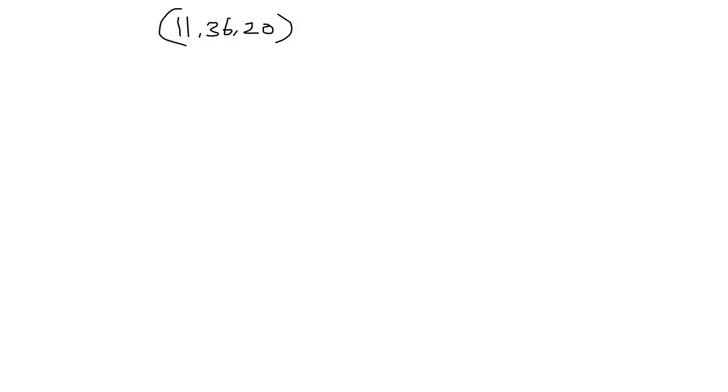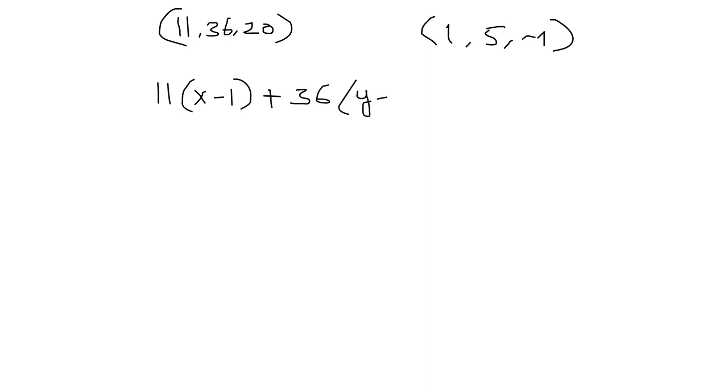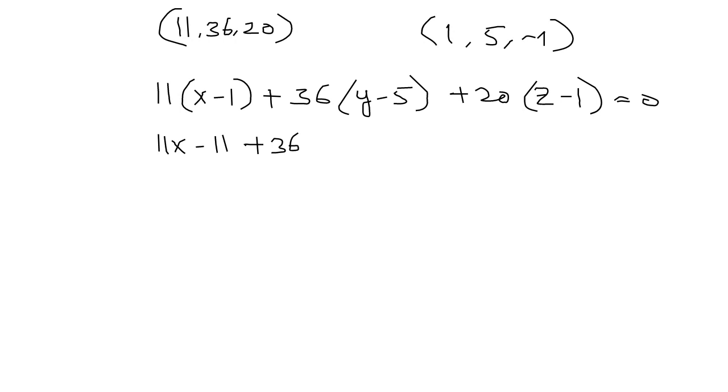If I choose the point 1, which is 1, 5 and minus 1, that becomes 11 times x minus 1, plus 36 times y minus 5, plus 20 times z minus 1, is equal to 0. 11x minus 11 plus 36y minus 180 plus 20z minus 20 is equal to 0.